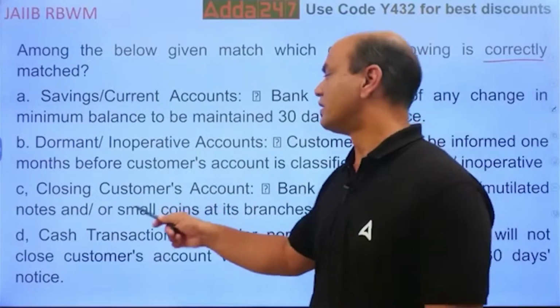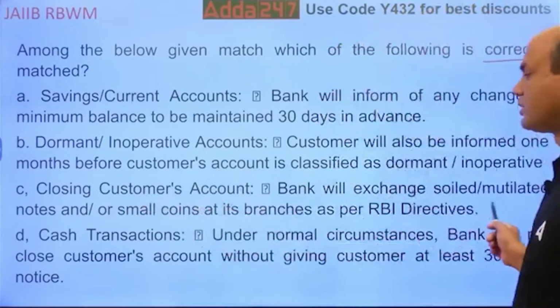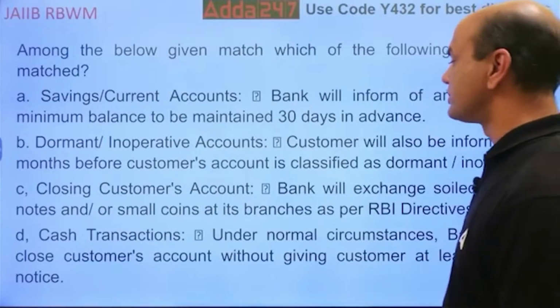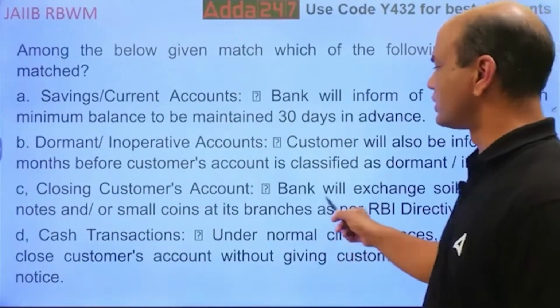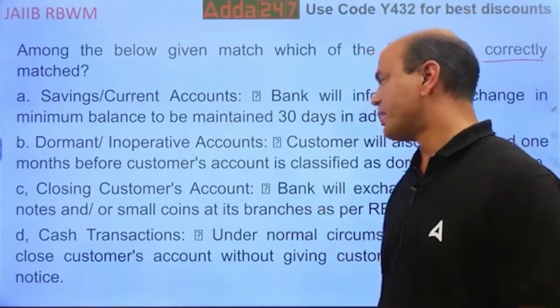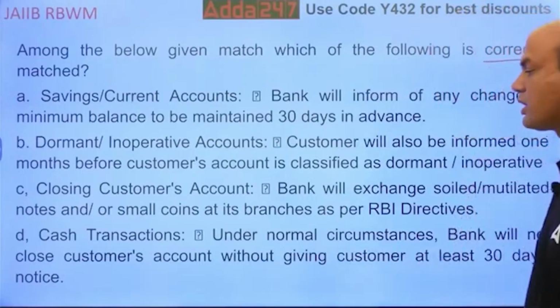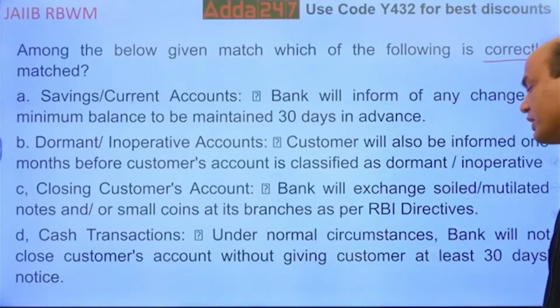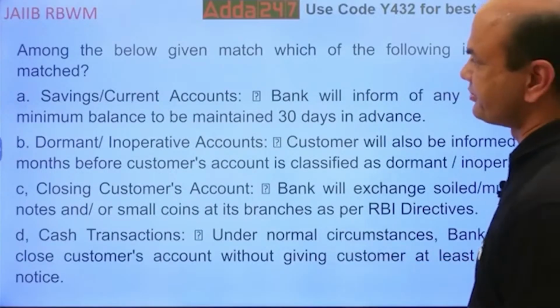Third, closing customer's account. Bank will exchange soiled, mutilated notes and small coins at its branches as per the RBI directives. This is totally wrong, isn't it? Cash transactions: under normal circumstances, bank will not close customer's account without giving the customer at least 30 days notice.